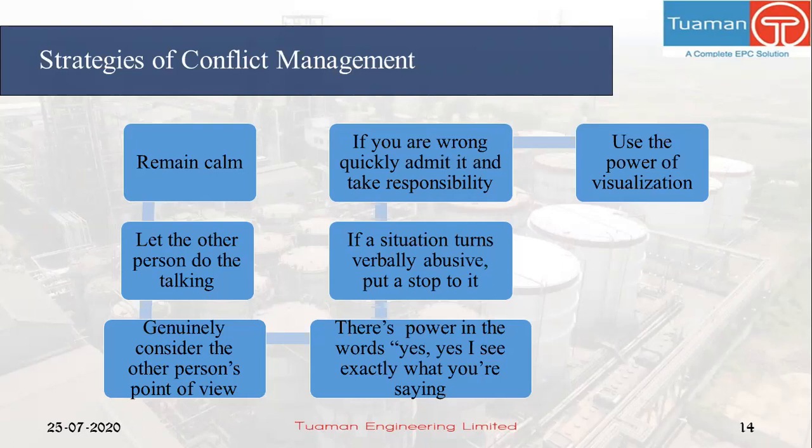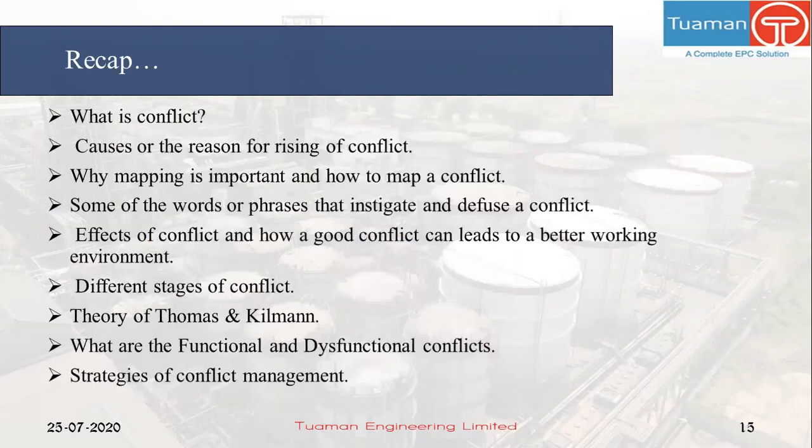So these are some of the tips, tricks and strategies of conflict management. Just a quick recap of what we have learned till now. What is conflict? What are the different causes of conflict? Why is mapping important, and how can we map a conflict? Some of the words or phrases that instigate and diffuse a conflict.